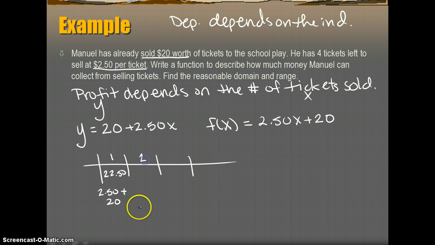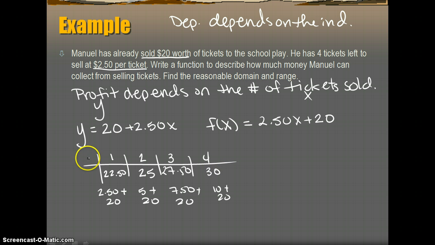If he sold 2 more tickets, that would be $5 plus 20, so that would be 25. If he sold 3, then that would be $7.50 plus 20, which would be $27.50. And if he sold 4, that would be 10 plus 20, which is $30.